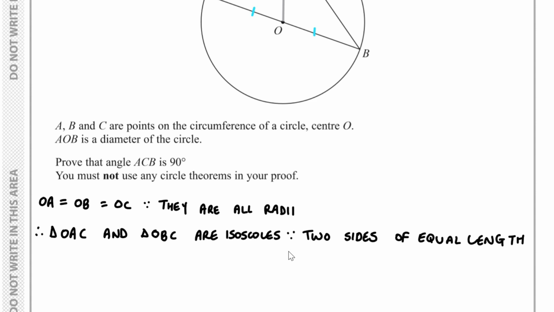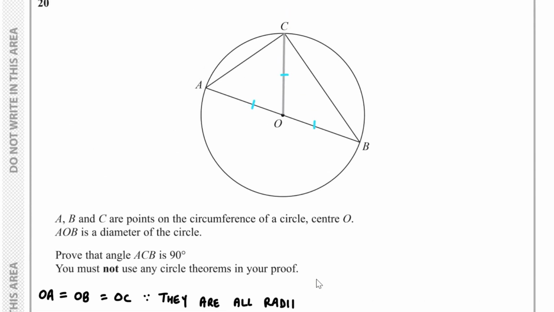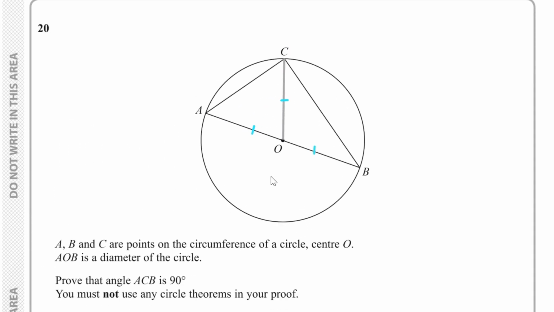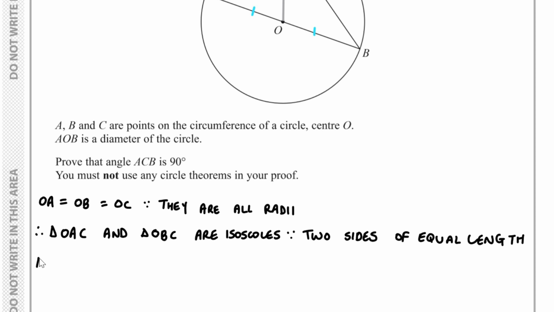So what we can conclude then is, if we consider the triangle OAC, then the angle OAC will of course equal the angle OCA, which will equal x.